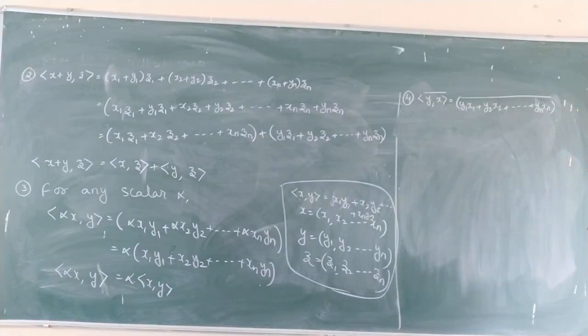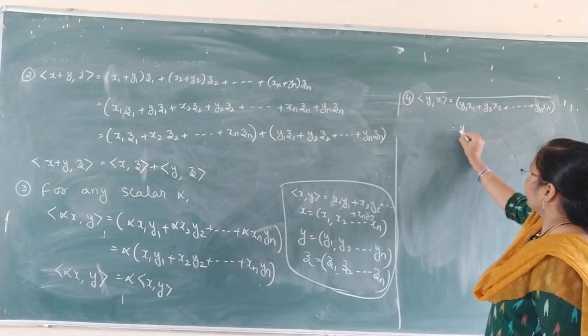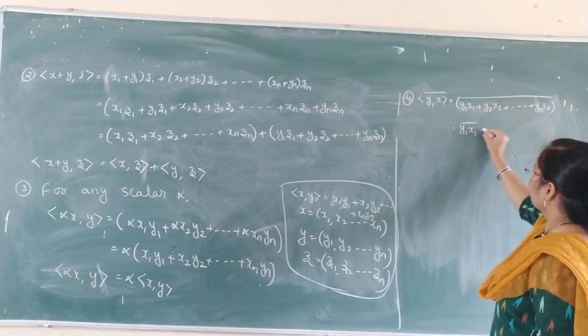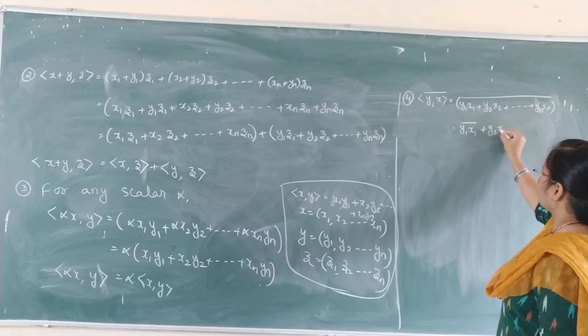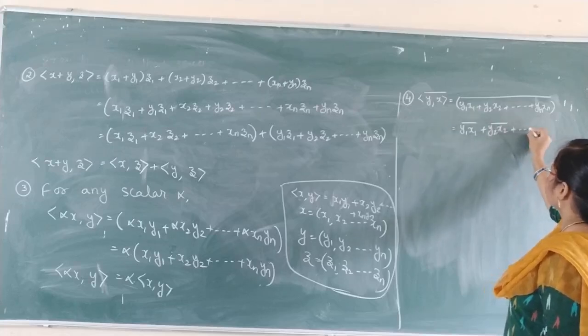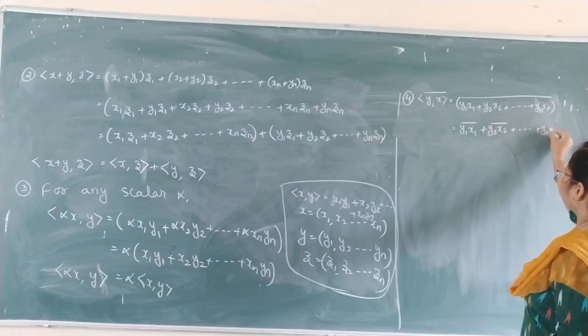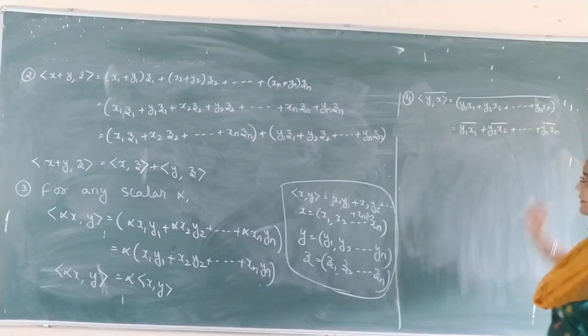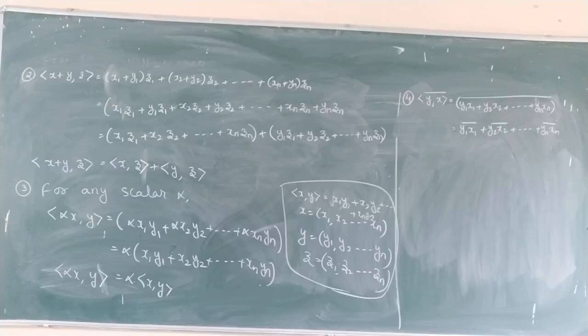Now in the next step we have to write this bar separately on every term: y1 x1 bar plus y2 x2 bar, so on, plus yn xn bar. Okay, we are separately writing the bar terms.